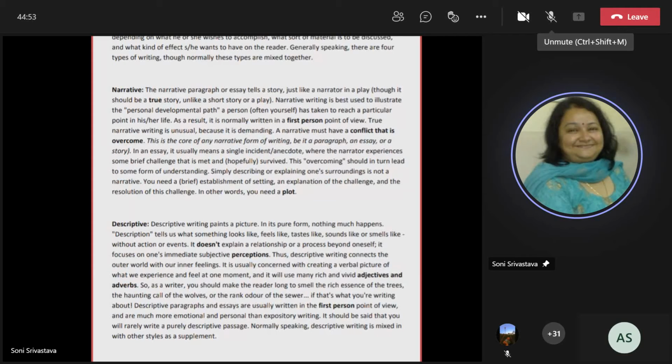For example, it could be in fiction, in poems, in lyrics. Generally you notice descriptive writing in fiction, in poems, in lyrics, in English songs or Hindi songs. You notice them very easily. So complete description is there.